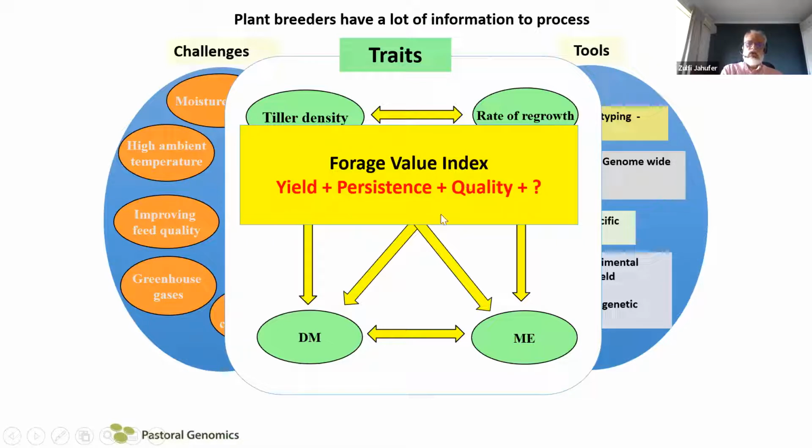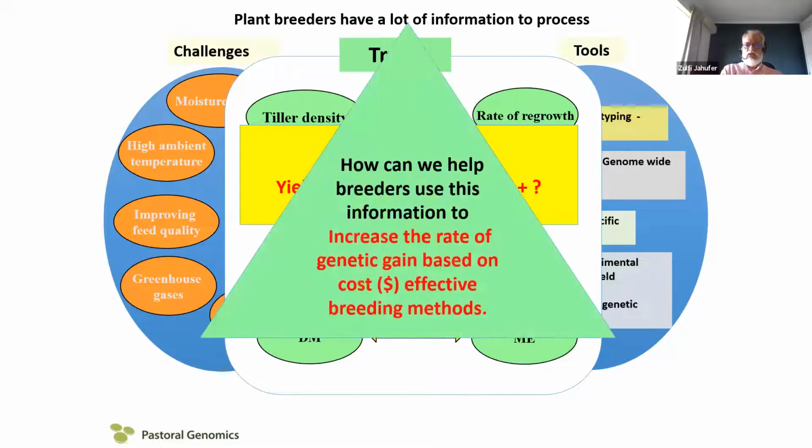Anyway, we have to be able to develop selection indices. So all this makes it quite a challenge to plant breeders. So the question we asked ourselves is, how can we help breeders use this information to increase the rate of genetic gain based on cost-efficient breeding methods?